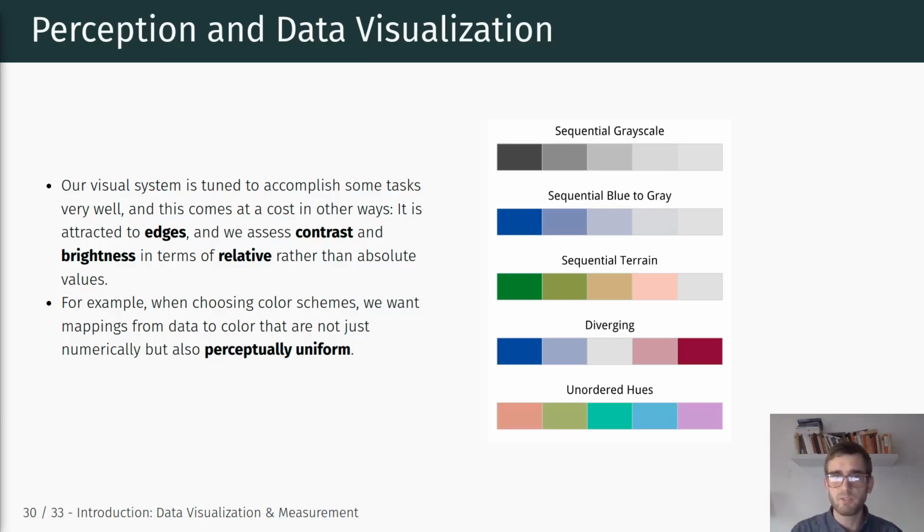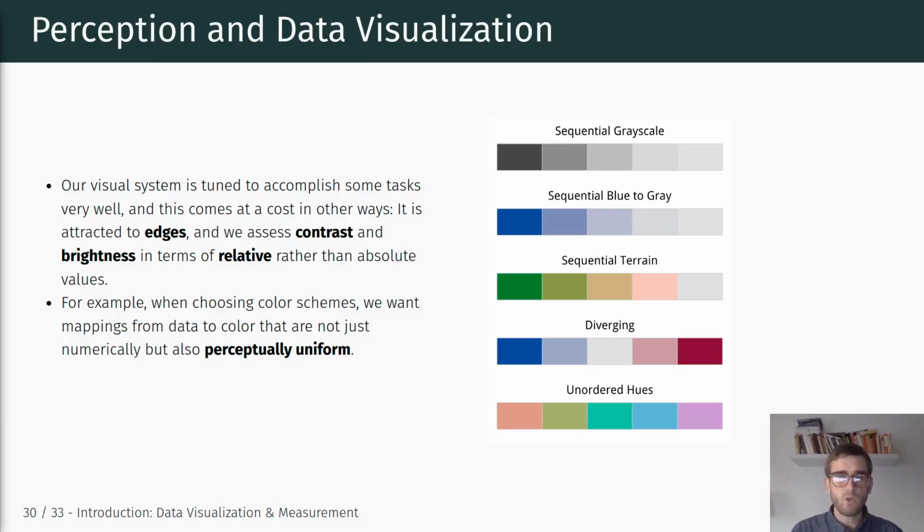But there are a couple of different palettes and color scales that help create color schemes that are perceptually uniform for different types of comparisons, right? So from the top to the bottom, the sequential grayscale palette, for example, just varies by luminance or brightness. The sequential blue palette varies both in luminance and intensity.